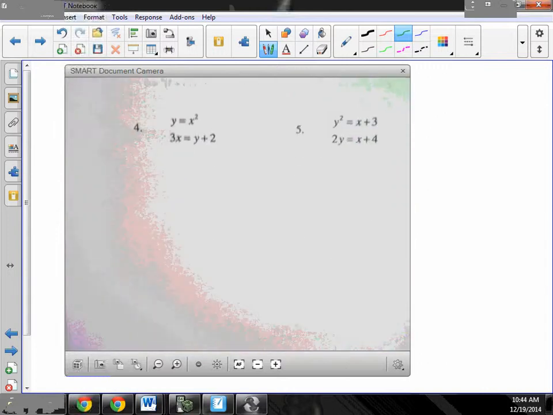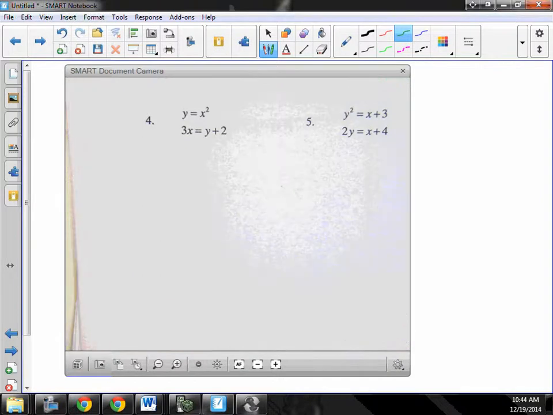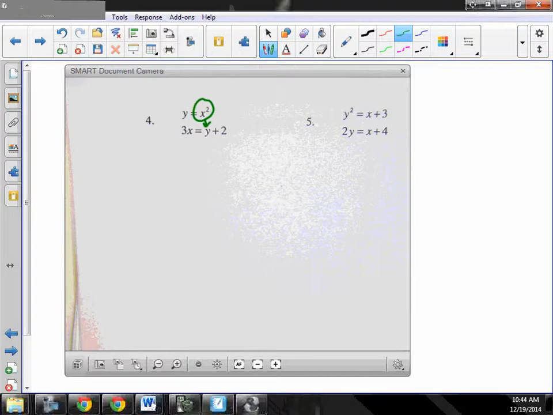Which variable do you want to solve for in number 4? Well, it's already solved, right? So I'm going to put x squared in here. And then I'm going to move everything to one side and factor.